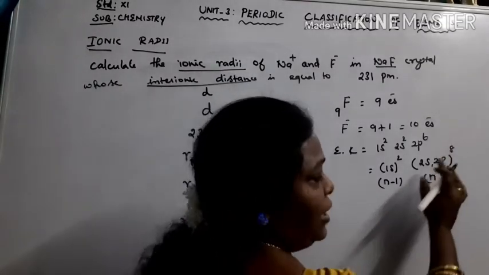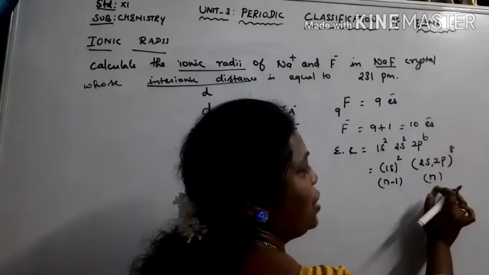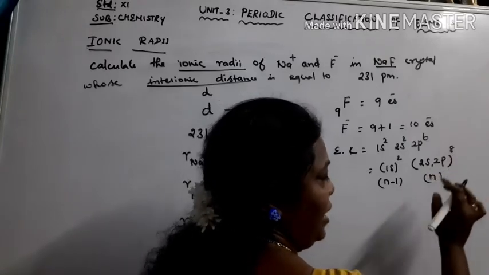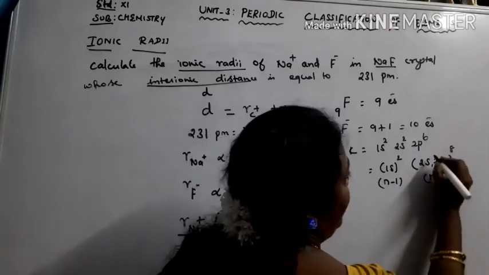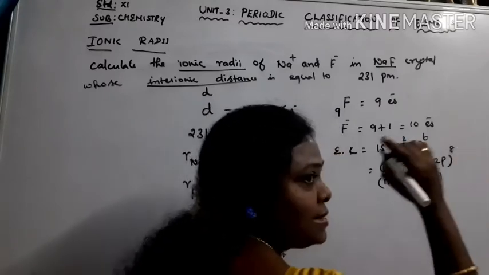So the n electrons are multiplied by 0.35. You leave out 1 electron, so out of 8 electrons here it contains 7 electrons.